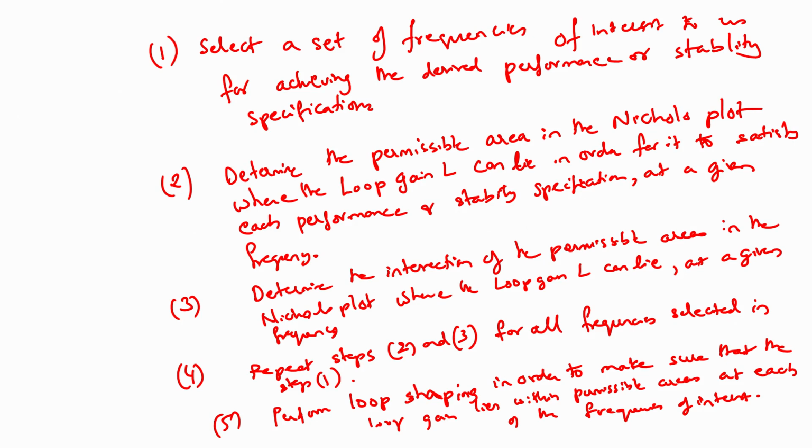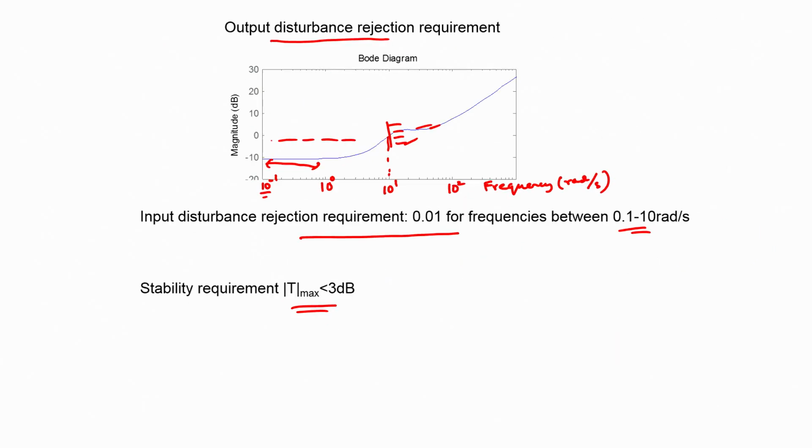So in the particular problem that we just outlined, we noticed that we had a certain input disturbance specification which had to be suppressed by 99% over the frequency range from 0.1 to 10 radians per second, an output disturbance rejection specification which was frequency dependent, and a certain stability specification.